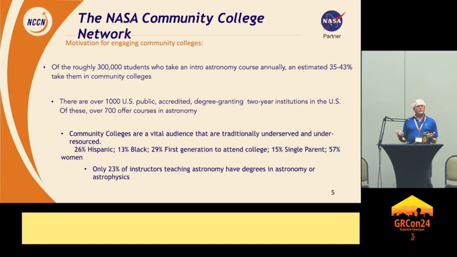So helping these students in an underfunded environment are instructors of whom only 23% actually have astronomy degrees. So this is the motivation for NCCN as a program to support these instructors to reach this incredibly important part of our community in providing a very, very authentic and powerful STEM education to create a science-literate workforce and population.